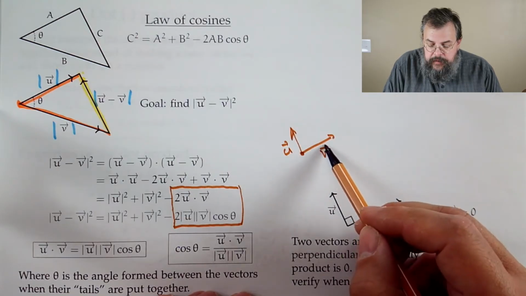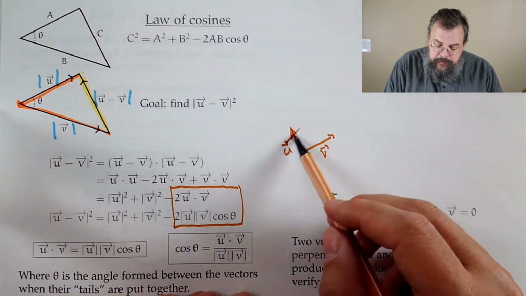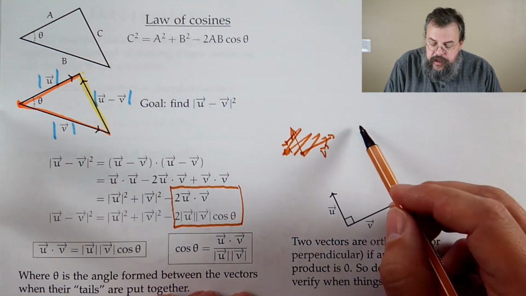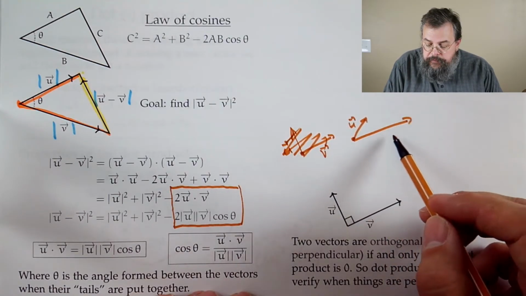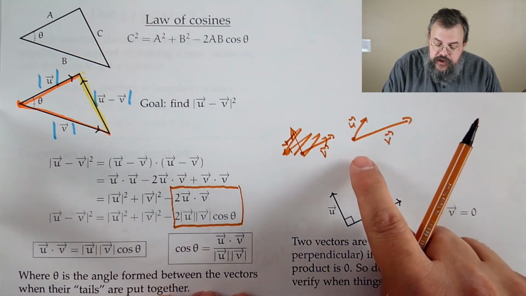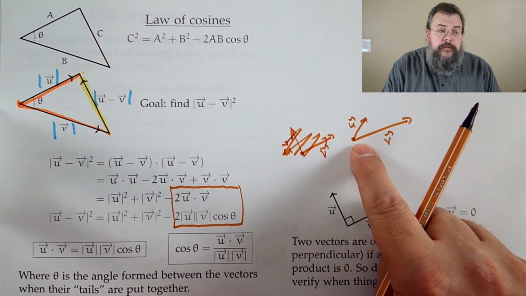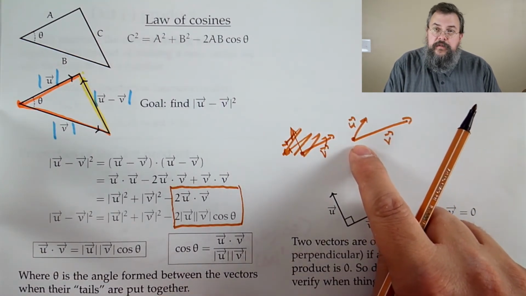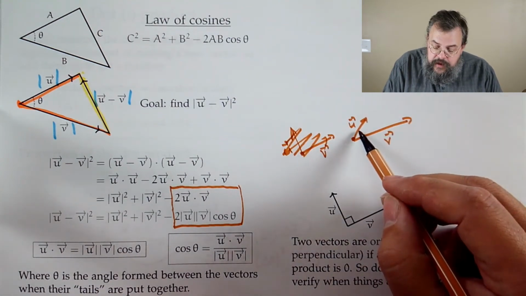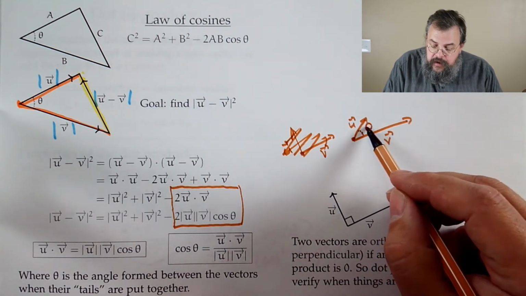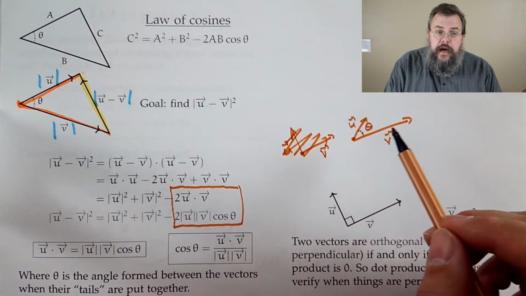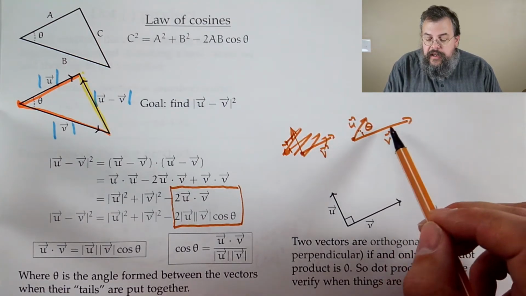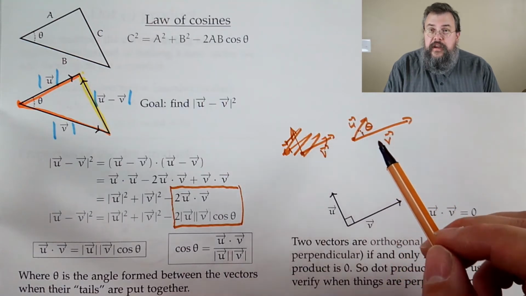I make sure the tails are together. In other words, they start from the same point, and then there's an angle here. So then the dot product is: I measure the length of u, I measure the length of v, and I multiply by the cosine of this angle.